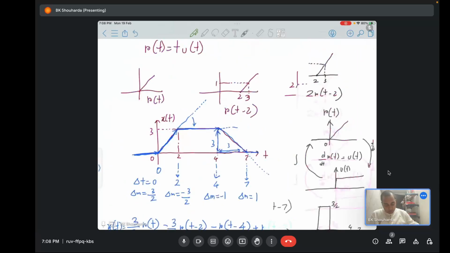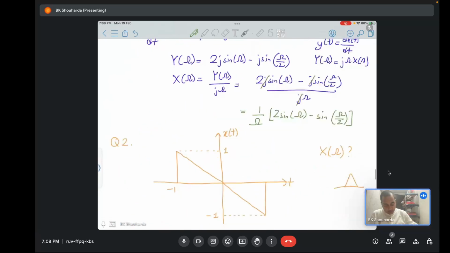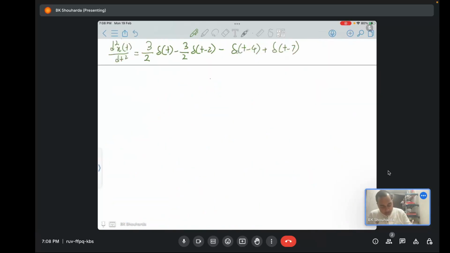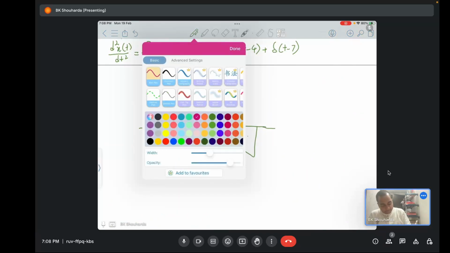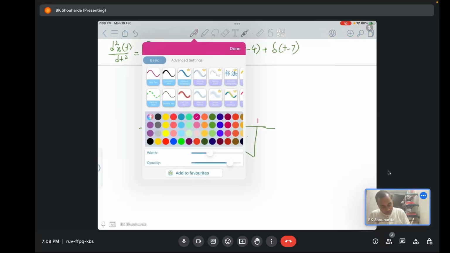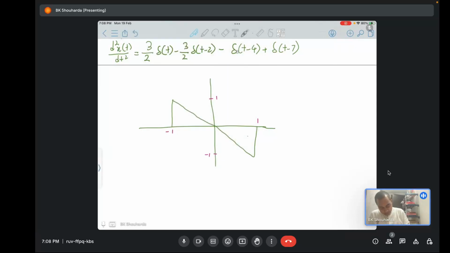Okay, so now let's try to do this with our signal over here, and this is a bit trickier than what I have shown. I start from here and I suddenly encounter a change.